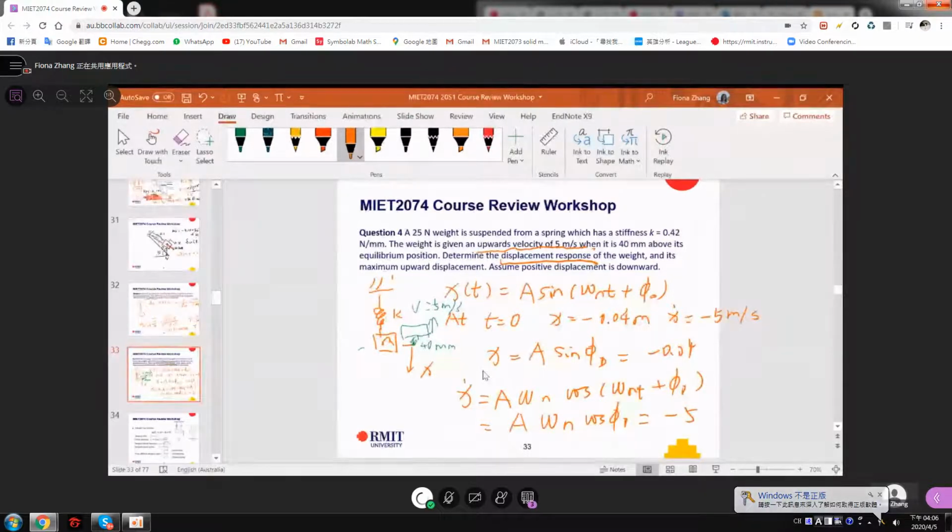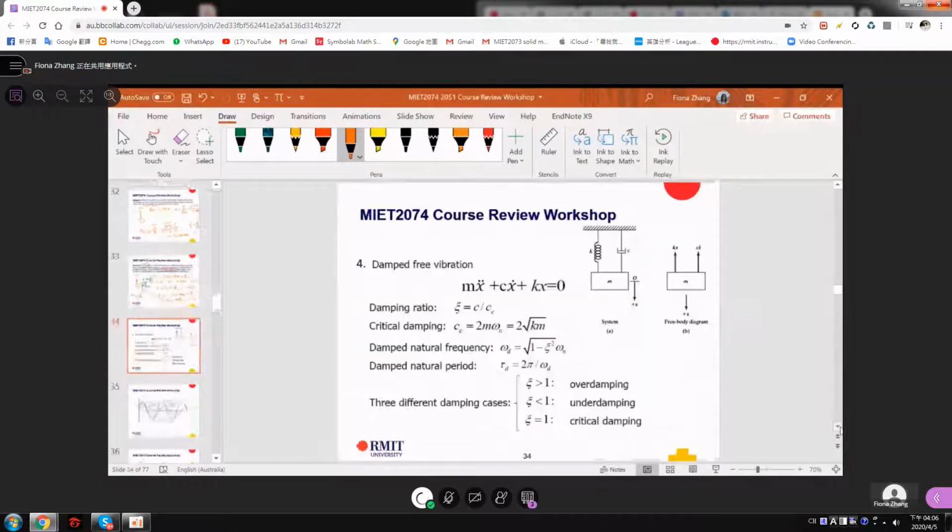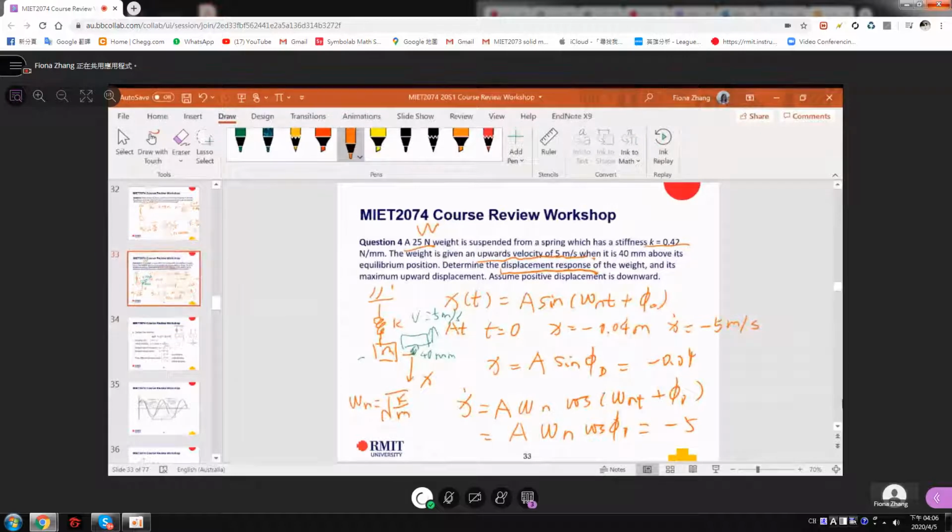Here you know there's omega n, and omega n is very easy to get. Omega n is the square root of k over m. You have the spring stiffness, and this is not m. Remember, this is a weight, W, so you need to divide by g. You need to pay attention to these small things. So k is 0.42 because here it is in millimeters, actually divided by 10 to the negative 3, so this is 10 to the 3.